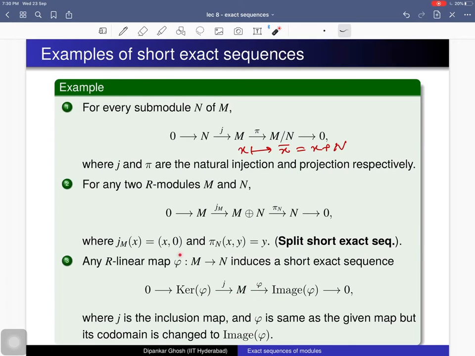And if you change this map's codomain to image phi, then this map is surjective, and the kernel of this map is the same as the image of this map. So, you have a short exact sequence like this, induced by this module homomorphism.